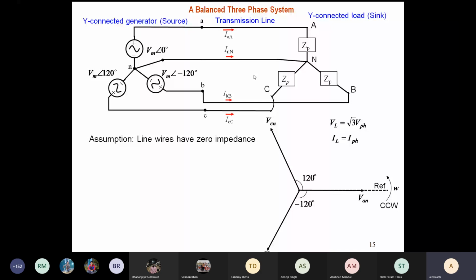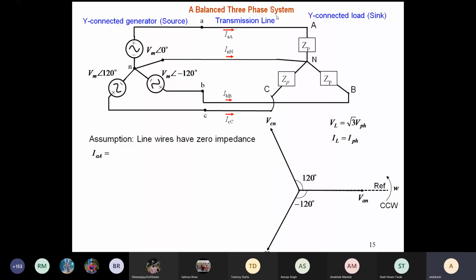So you see what is happening: your IAA is the current connected to the A phase. For this A phase, you have one voltage source and one impedance.